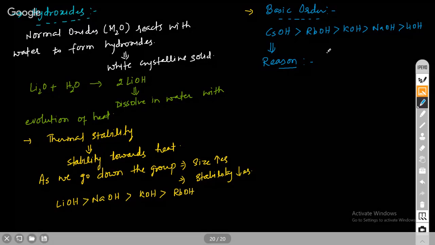Lesser polarizing action means less distortion of electron cloud of hydroxide ion, and hence will have a strong cation anion bond, and hence the basicity will be more.